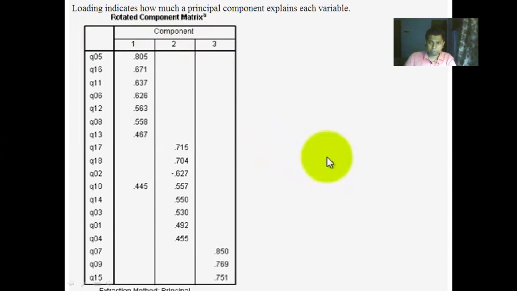And if you use principal axis factoring, then most reviewers do not give any objection, because it takes into account only the shared variances. That's why you express the variables in terms of hypothetical factors or latent constructs that you can infer after doing the analysis.